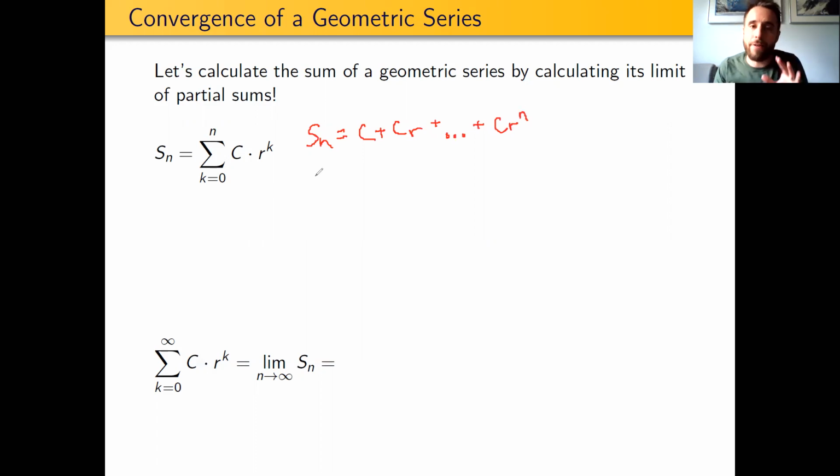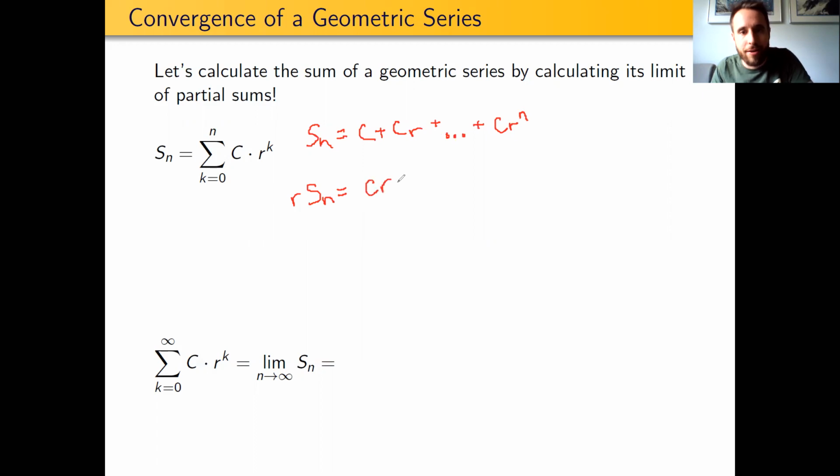So I'm actually going to do something very clever to rewrite this. I'm going to write r times S sub n. And when I write an r here, notice I'm just taking the same equation as above and multiplying it by r.